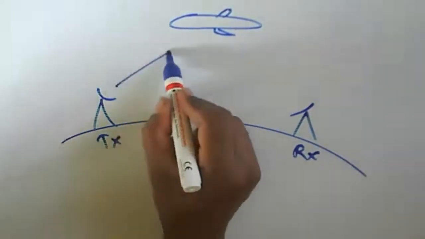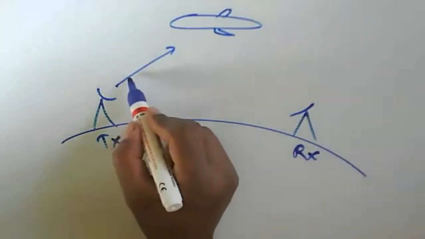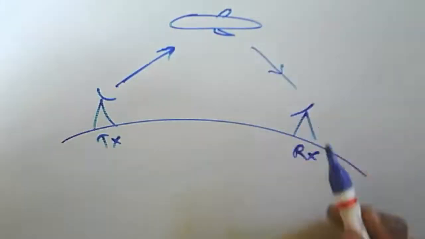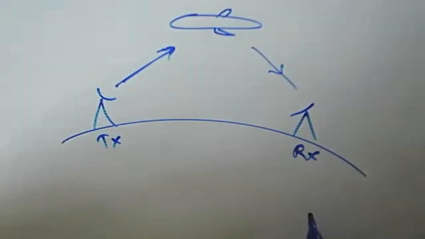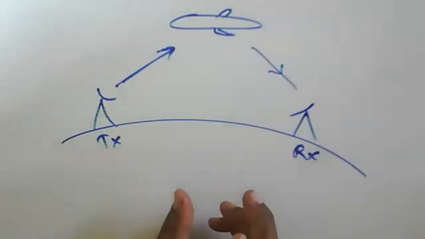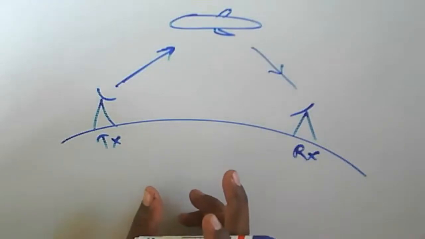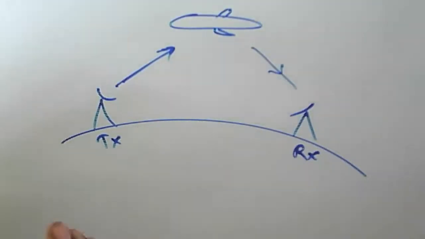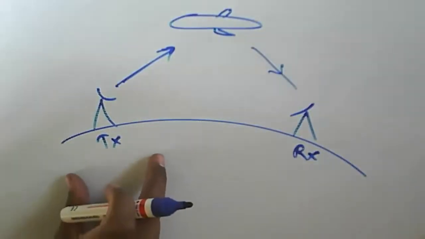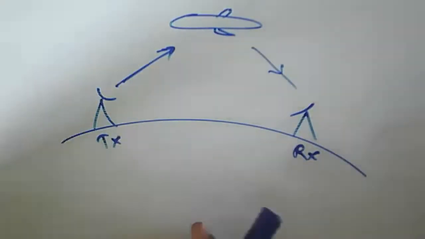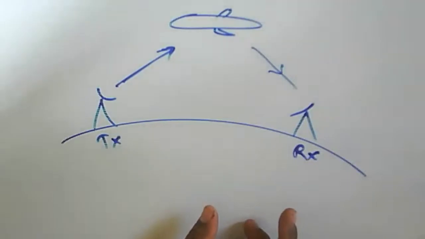So there will be a difference. This one is transmitting the signal and this one is receiving the signal. Okay, so that is about a bistatic. It means the transmitter and receiver are separated. One is transmitting one particular pulse and another device is just receiving that pulse.